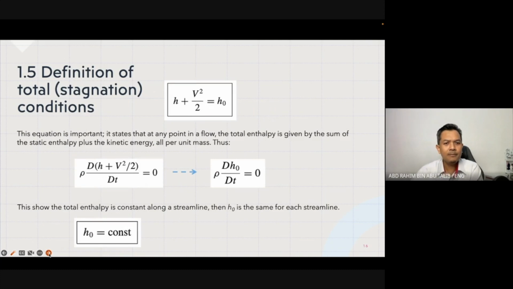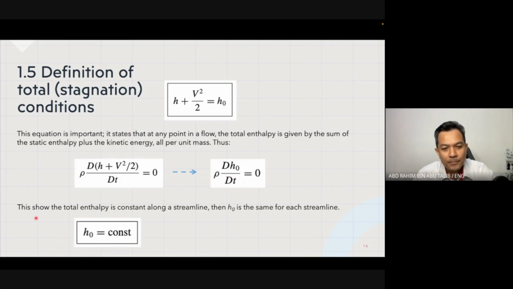And this equation is important. This expression states that at any point in the flow, the total enthalpy is given by the sum of the static enthalpy plus the kinetic energy, all per unit mass. Thus, this can be rewritten and you can get this expression.